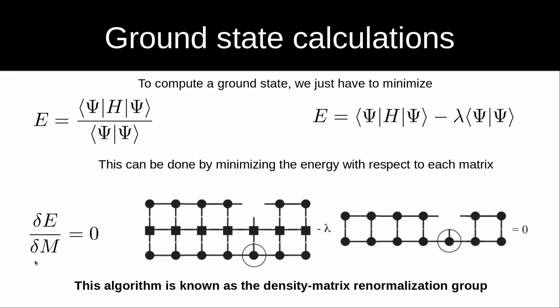And you can represent this diagrammatically in a very simple way, just using the diagrams from before. You just have to remember that every single tensor in a matrix product state is multiplying each other. So performing the derivative is essentially just removing from the diagram whichever tensor you are deriving with respect to.